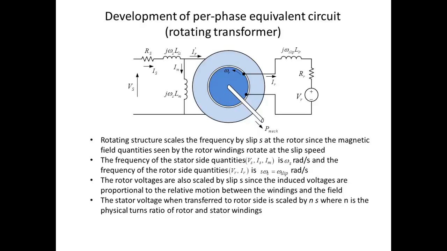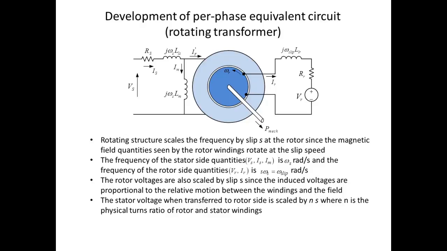Okay, so you may be tempted, by looking at this voltage relationship, to somehow represent this rotating structure as an ideal transformer of turns ratio n times s, because the secondary voltage is ns times the primary voltage. Therefore, you may indicate the turns ratio as 1 is to ns.